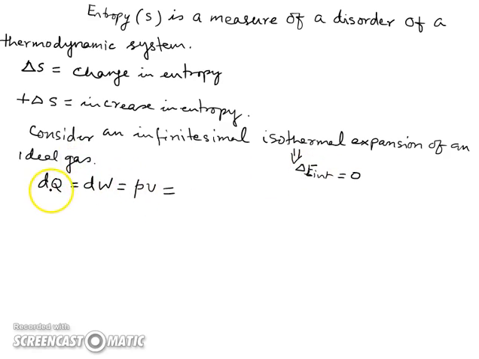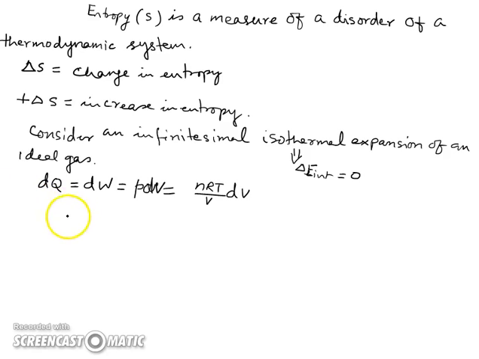So using the first law, we can see that dQ is equal to dW, which is equal to P dV, pressure times change in volume. Using the ideal gas law, P is nothing but nRT divided by V. So replacing P with this, it goes like this, right?